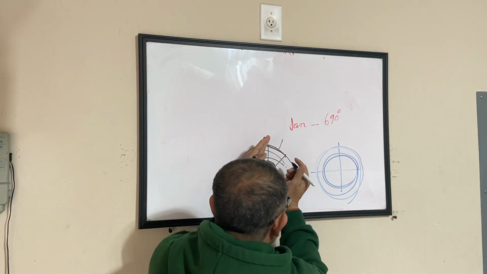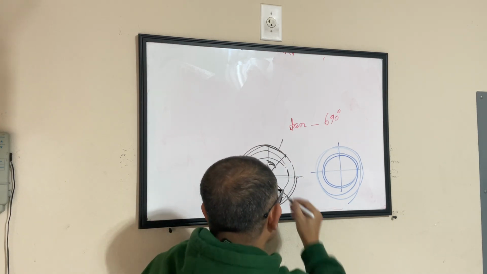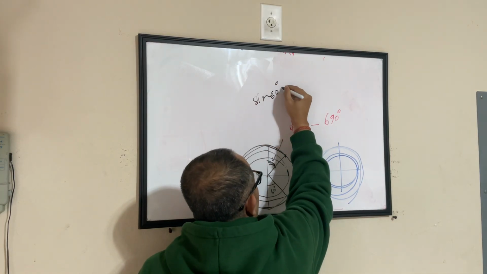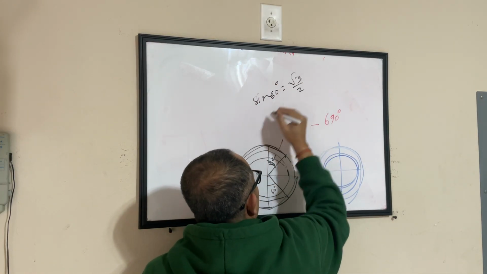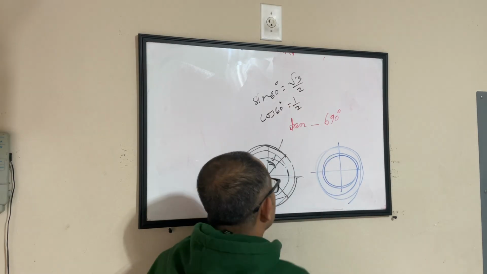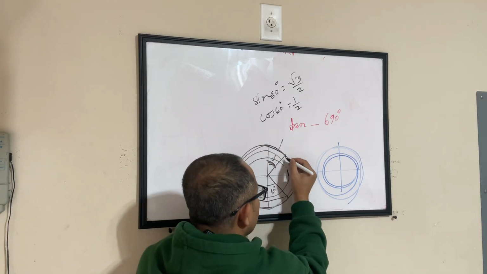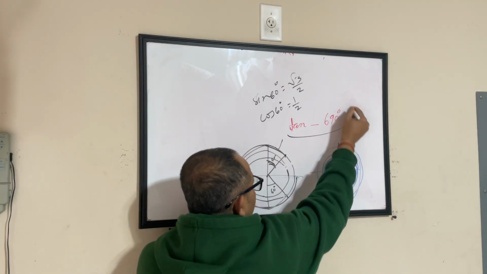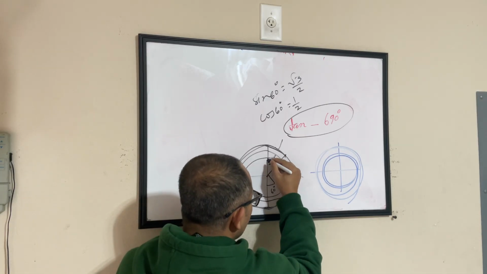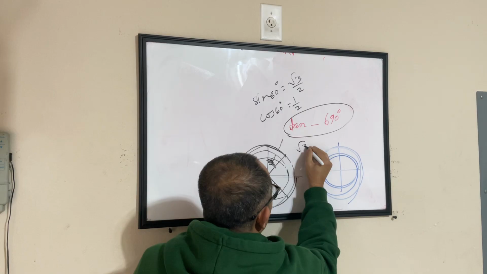So for this one, if I find out the sine and cos value for this angle 60 degree, sine 60 degree is root 3 by 2, cos 60 degree is 1 by 2, sine by cos will give me tan 60 degree, and this is where I am stopping. So this is what is taking care of this angle. If I find out the sine and cos of this angle, divide that, I am done.